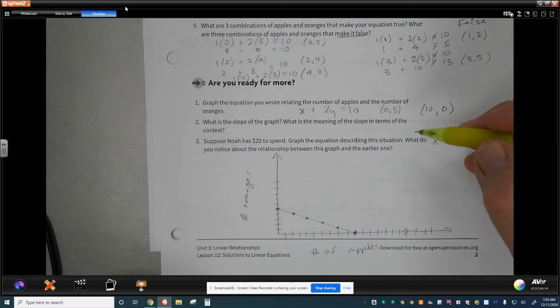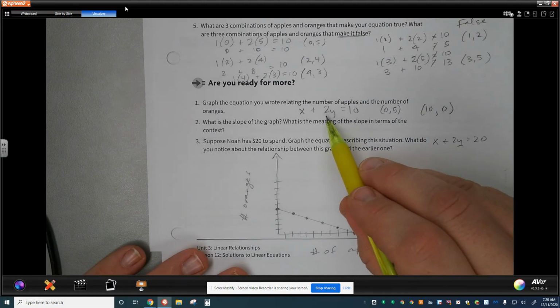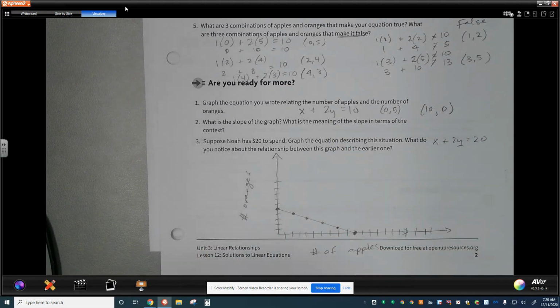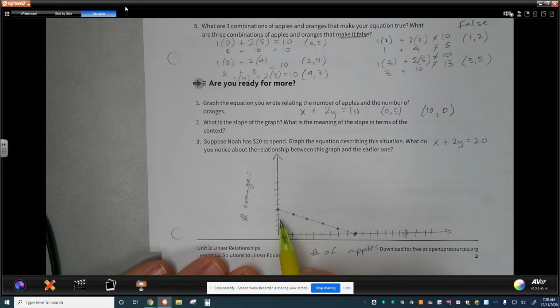When we talk about the slope of this line, we can either transform our equation into slope-intercept form, or we can look right here at our situation with the graph, and we can see that we rise -1 and run +2, rise -1, run +2, rise -1, run +2.